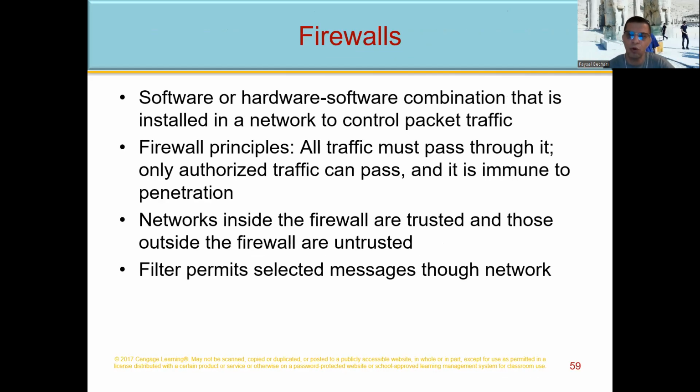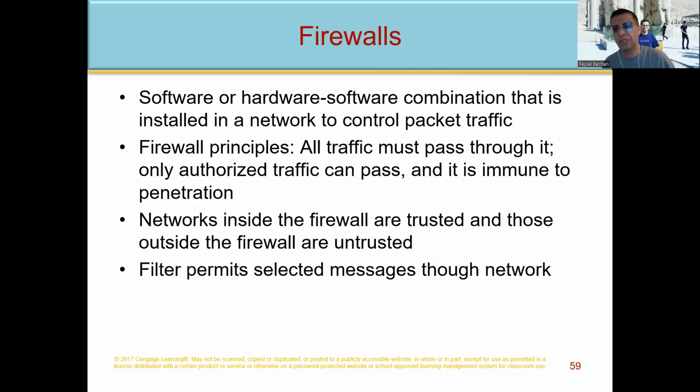And then you have what you call firewalls. It's actually a hardware and software combination that is installed on your network to control the packet traffic and analyze it. The firewall principle is that all the traffic must pass through it, and then it analyzes it, and only authorized traffic can pass, and it is immune to penetration.